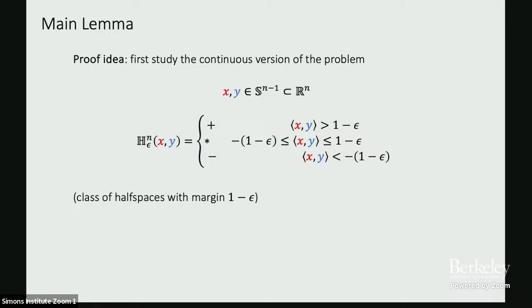Before the claim, this is also a highly relevant concept in machine learning. People call it half spaces with margin, and the properties of this class are very important. But the claim that we have is that no matter how small epsilon is, as long as it's not 0, and for any n, the sign rank is full. So this is naturally n-dimensional, and I'm saying you cannot even decrease the dimension by anything.